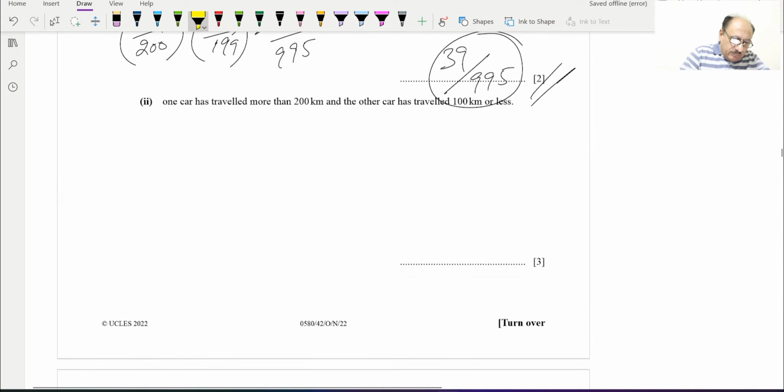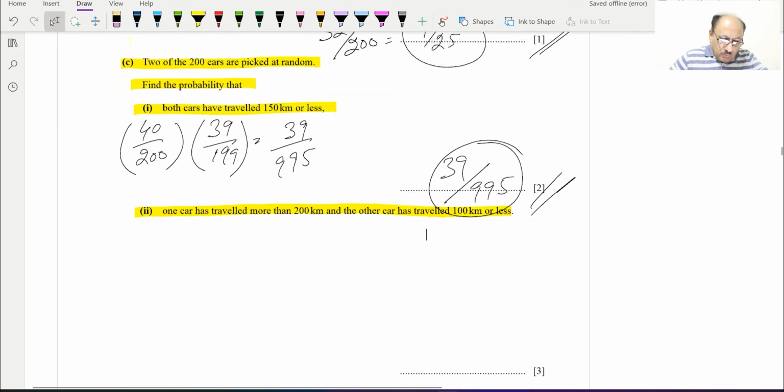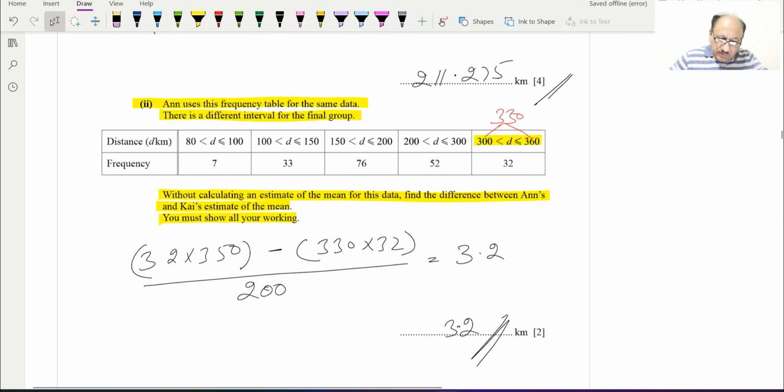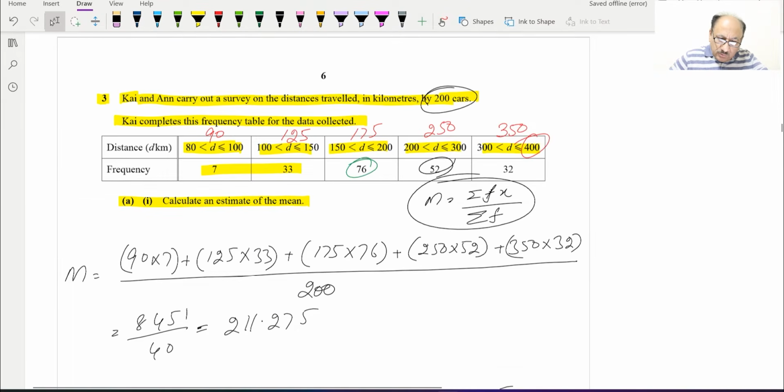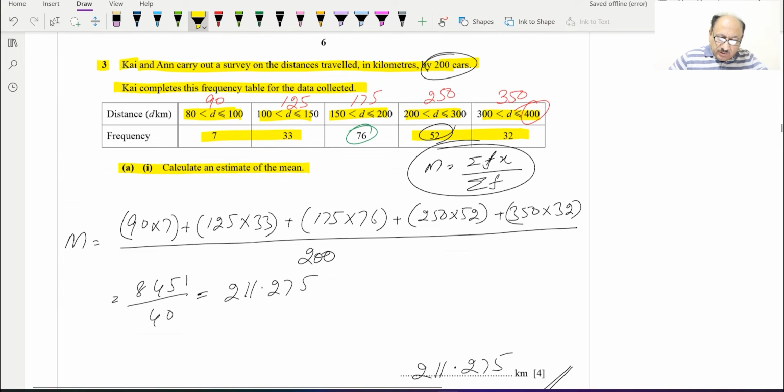Second part says one car has traveled more than 200 kilometers and the other car has traveled 100 kilometers or less. So more than 200 will be 52 plus 32, so it will be 84.